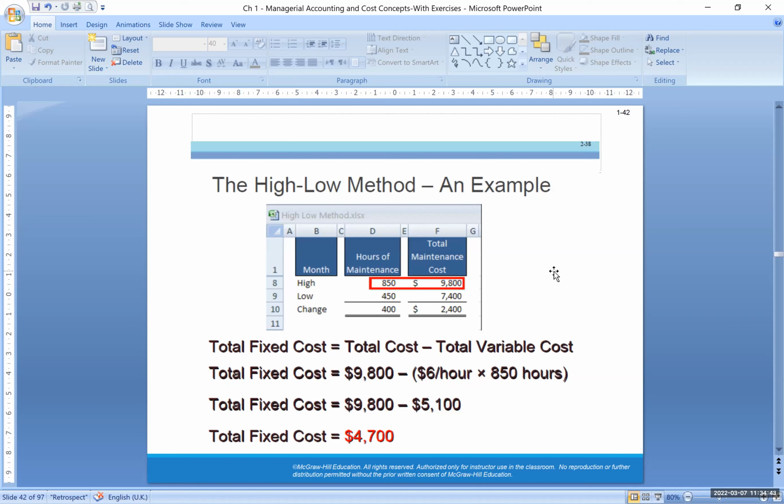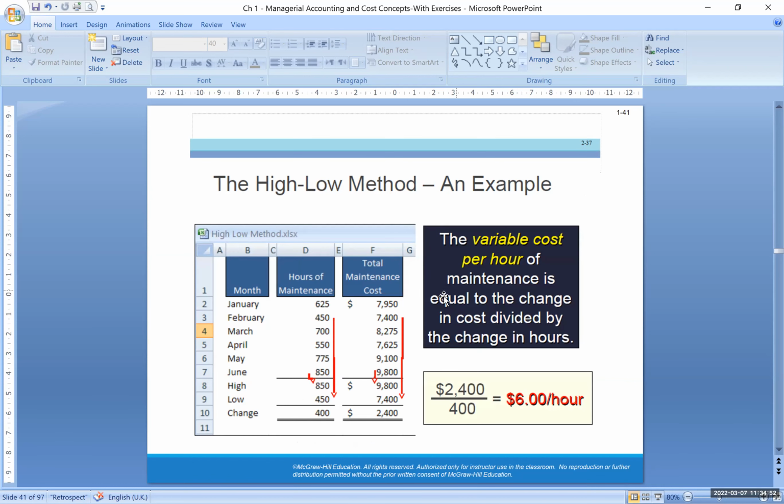Now, if we apply one of the levels for the equation, remember that we do have the total costs, the total maintenance cost, which is the mixed cost in this case. And we have the activity level, which is the hours of maintenance. And we have now the variable cost per 1 unit.